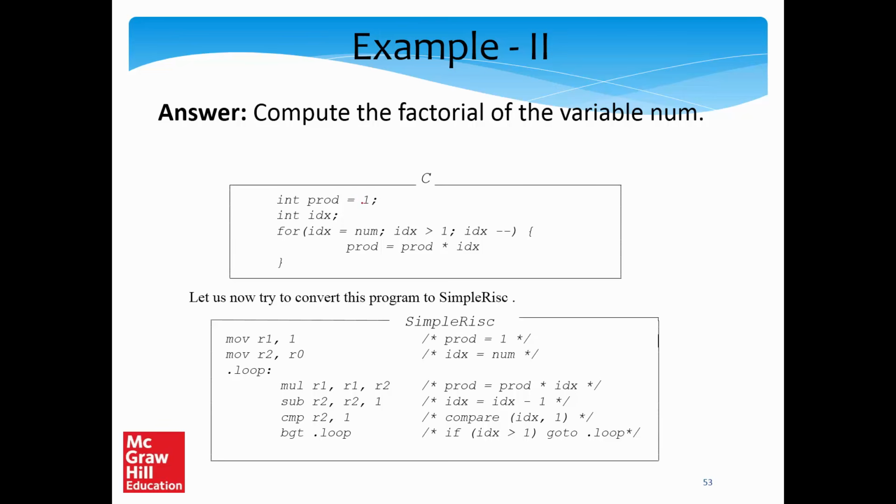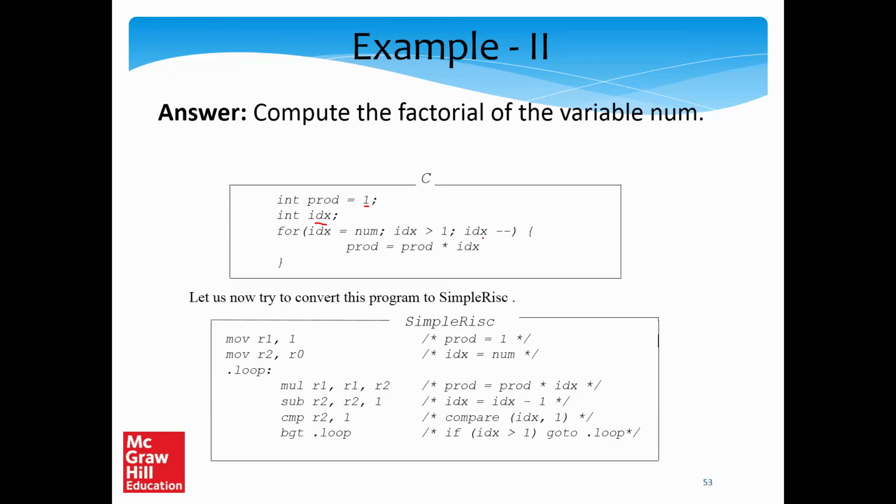To compute a factorial, first we define the product variable, which is initialized to 1. Then we define an index that starts at num, and we assume, for all practical purposes, that num is a large enough number, so we don't have to check for special cases. We start the index in a for loop equal to num, and we keep going till the index reaches 1, and the moment it reaches 1, we jump out of the loop.